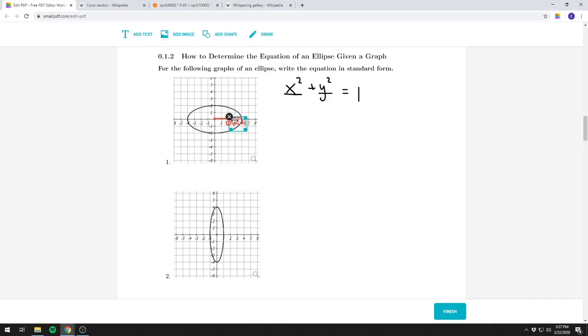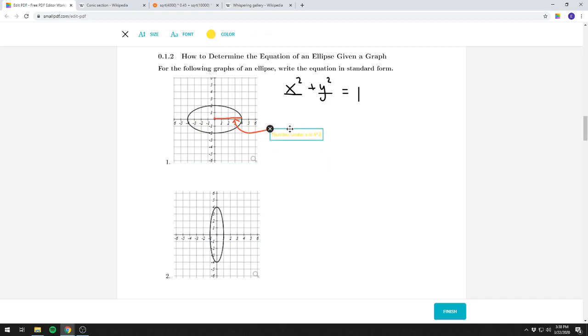Let me erase that real quick. I'm drawing an arrow, so I'm not over it. But what this is saying is the number under the x is 4. But it's raised to the second power.